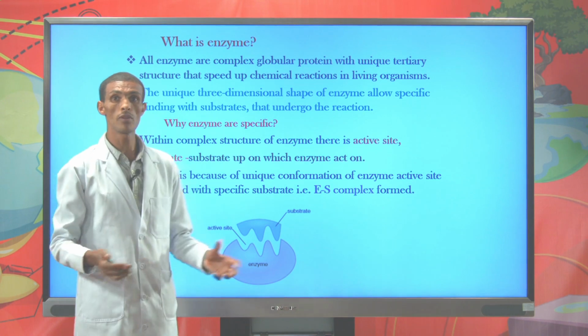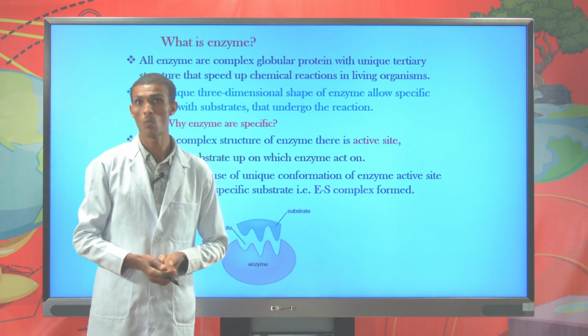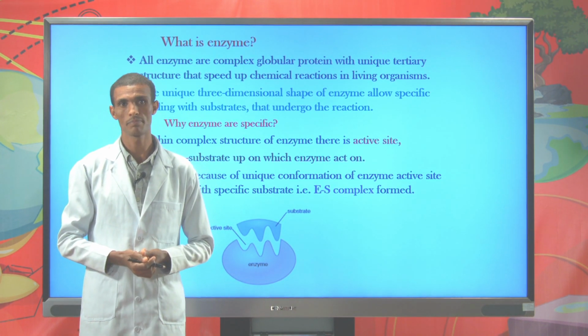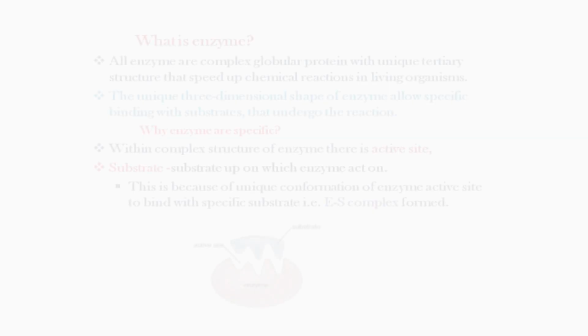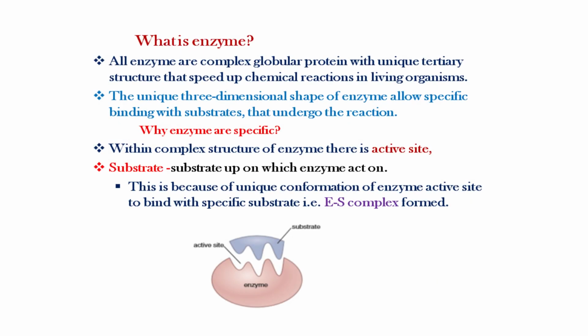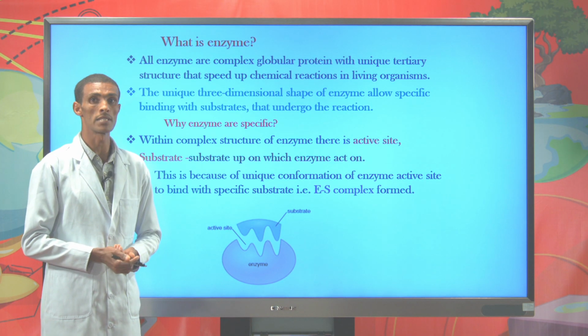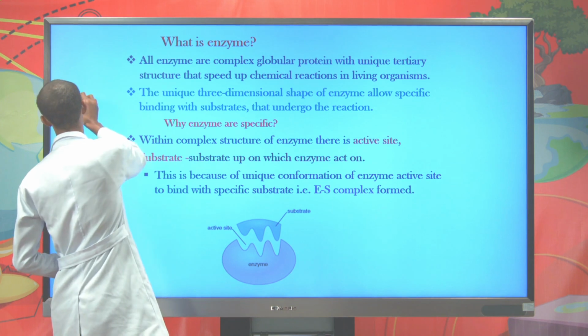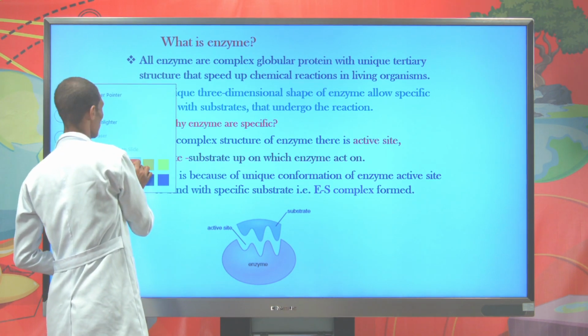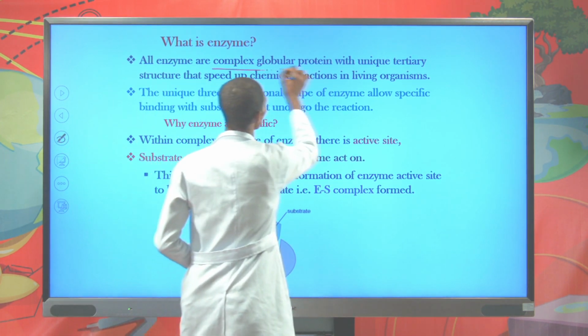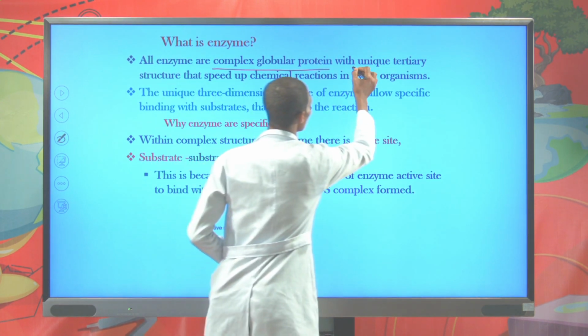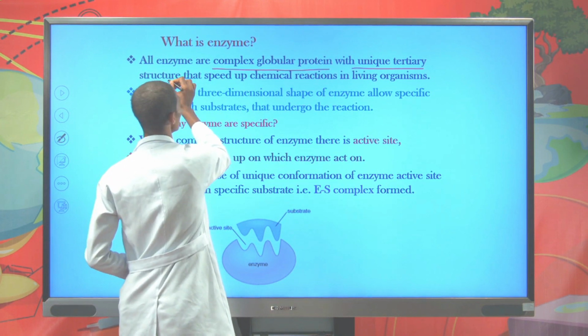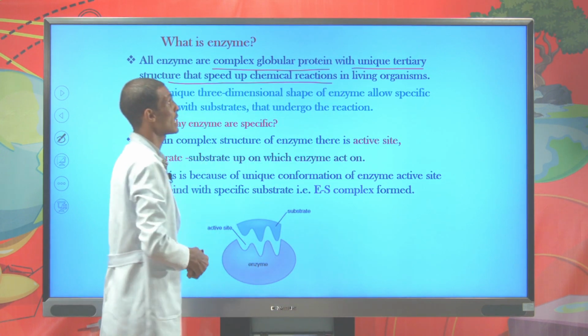Students, do you know what enzyme means? What is the function of enzymes? Well, all enzymes are complex globular proteins with a unique tertiary structure that is used to speed up chemical reactions in living organisms.